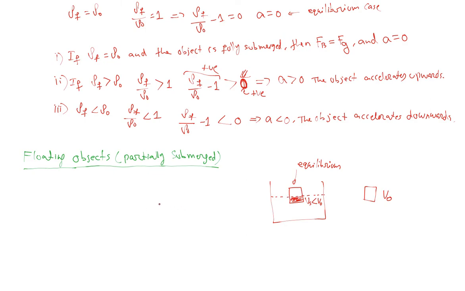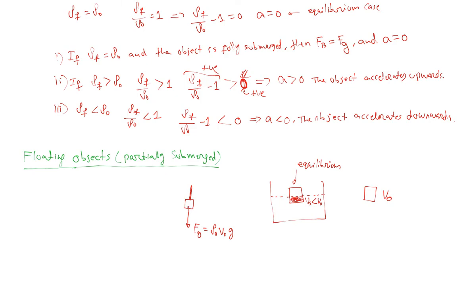So in this case, again, let's first draw the free body diagram. Now there's a gravitational force, that is always there. So Fg equals the mass of the object times g, but that we can write as rho object times the total volume of the object times g, and then there's a buoyant force which is upward. Now what will be the magnitude of the buoyant force in this case?